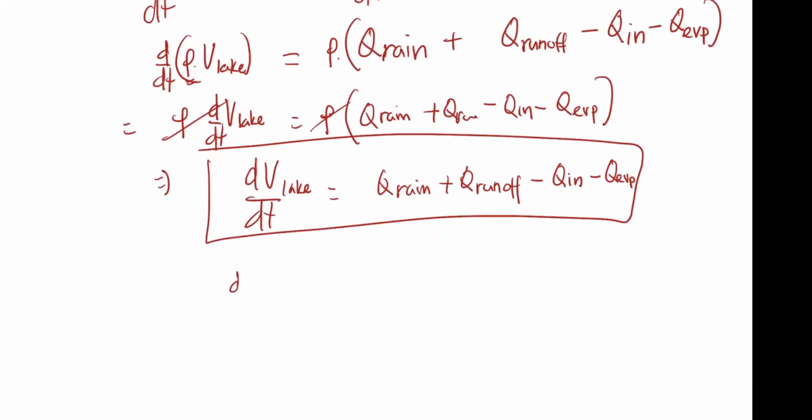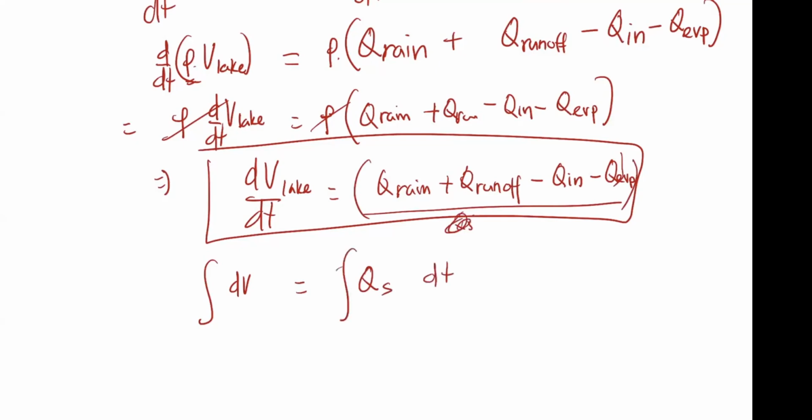So dV, if you integrate the volume of the lake, would be all these terms, all the Q's, times dt. At time t equal to 0, you have a certain amount of volume. That's the initial volume. Let's say V initial.